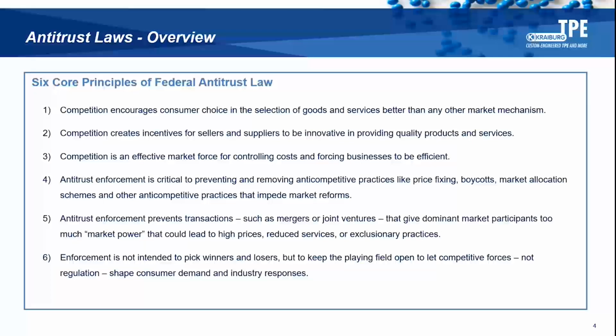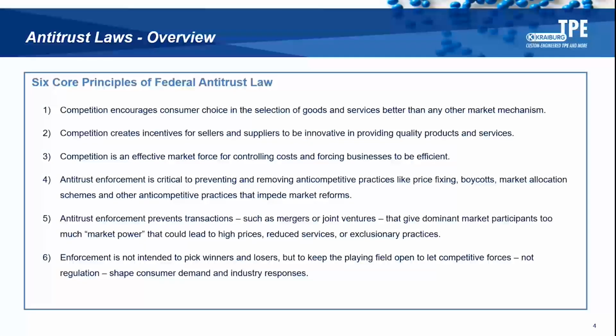Antitrust enforcement is really critical to preventing and removing any anti-competitive practices such as price fixing, boycotts, any sort of schemes that would end up in a market allocation situation, and any other anti-competitive practices that may impede market reforms. Antitrust enforcement prevents transactions such as mergers or joint ventures or acquisitions that give dominant market participants too much, quote unquote, market power that could lead to high prices, reduced services, or exclusionary practices.